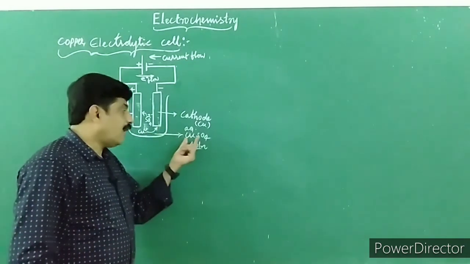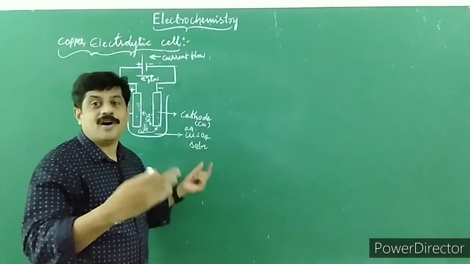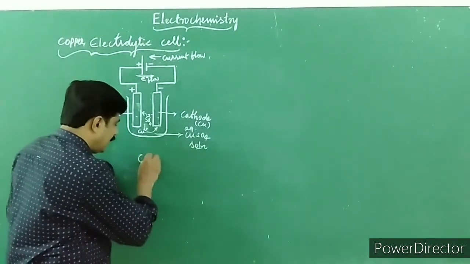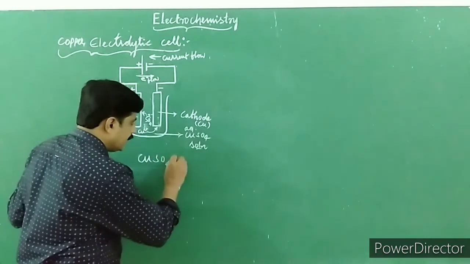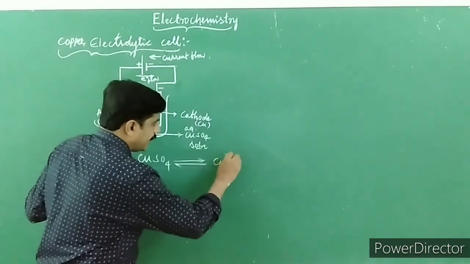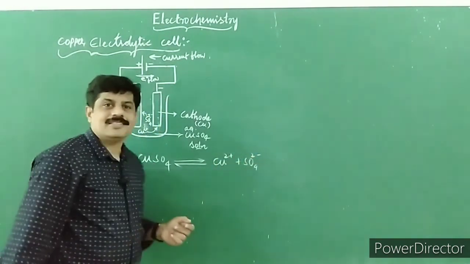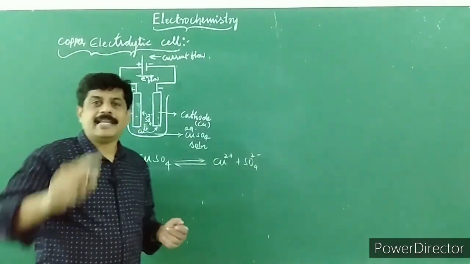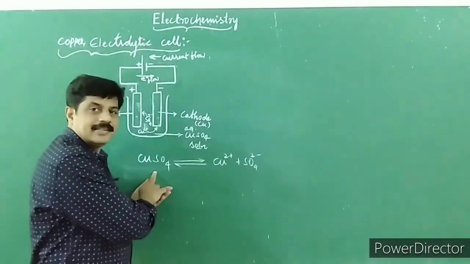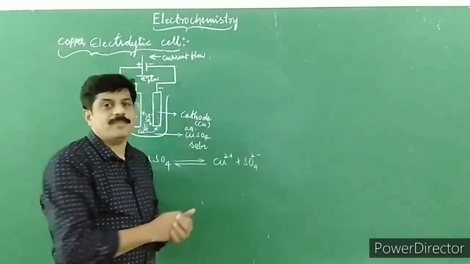You know that copper sulfate, being an electrolyte, undergoes dissociation to form respective cation and anion. Let me write, look here, copper sulfate in water undergoes dissociation to form Cu2+ ions and SO4 2- ions. Children, after some time a dynamic equilibrium is established in the solution between copper sulfate and the ions which are formed in the solution.